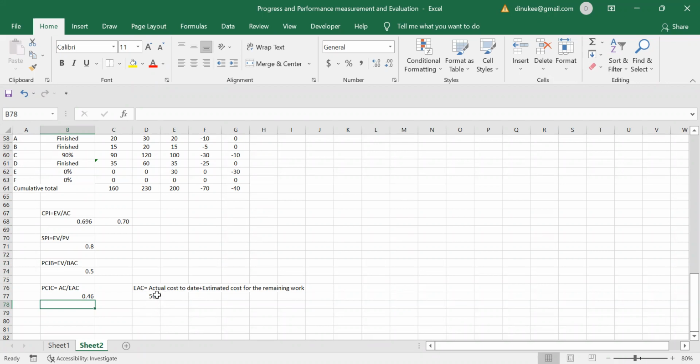But from that 500, now 0.46 or 46% is completed. 46% has actually been expended from this 500.